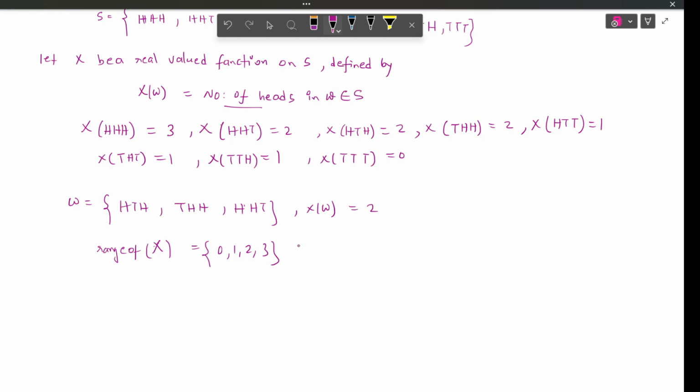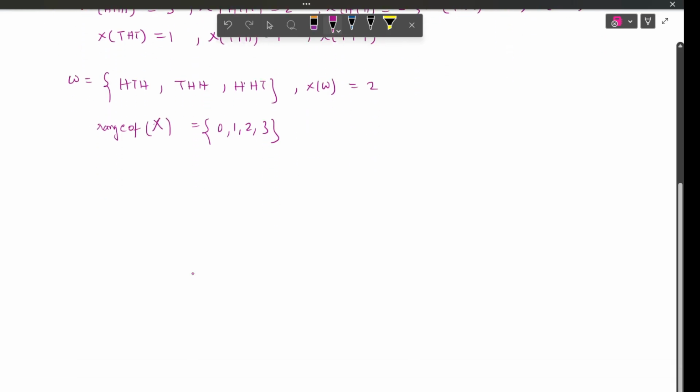Now, moving forward to our next topic, which is probability distribution.